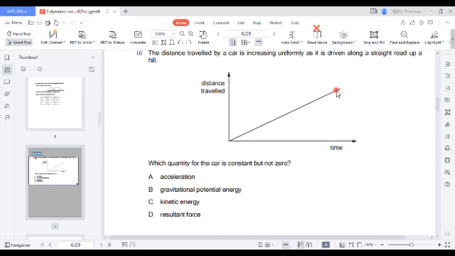Uniform speed or uniform velocity means no change, constant speed. When we have constant speed, then acceleration would be 0, and when acceleration is 0, then force is also 0. So we have these two factors which are 0.